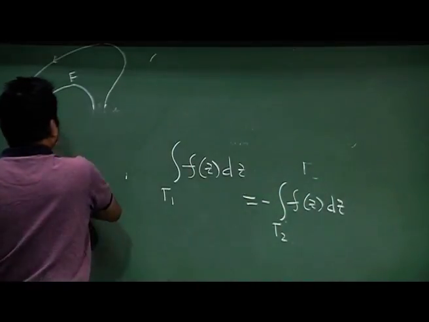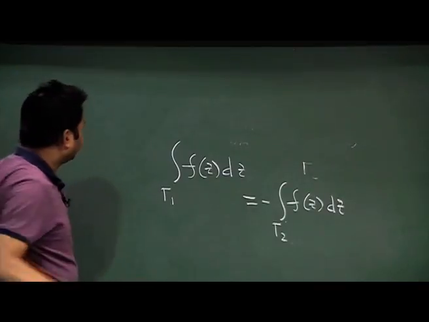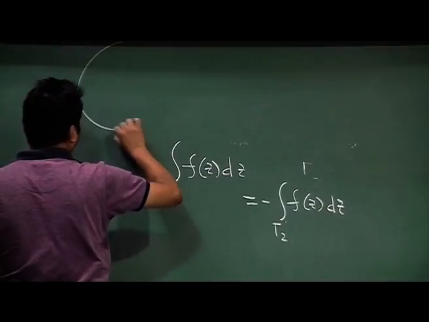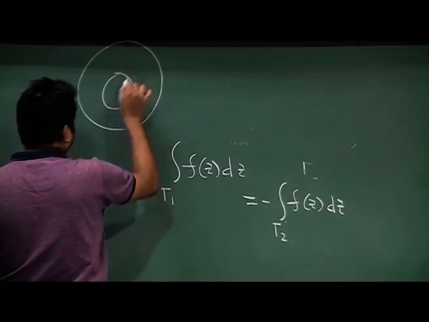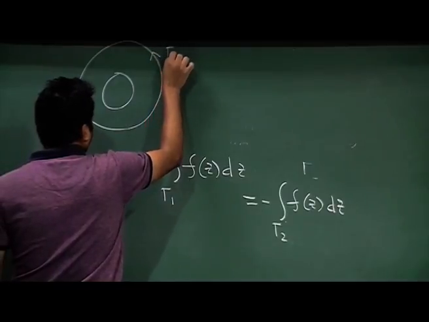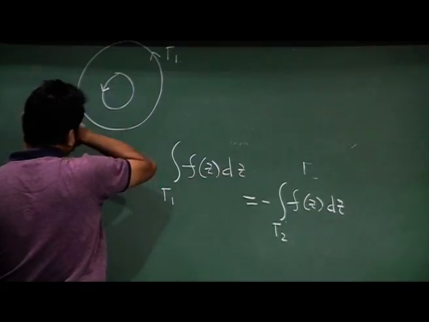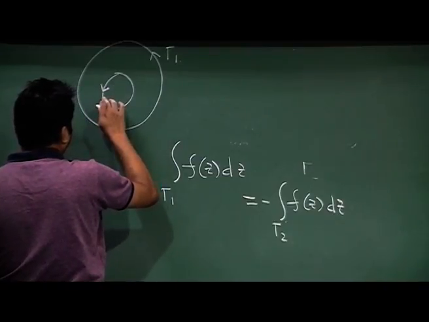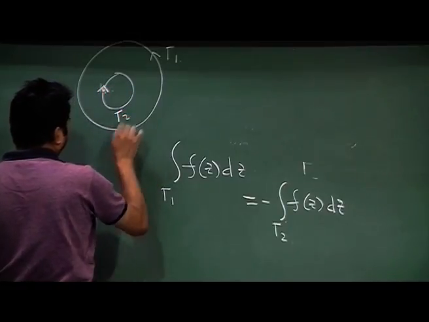So, let me draw that clearly, then you will understand what I am trying to say. This is my one region and this is my another region. This is gamma 1 in this direction, and this is gamma 2, another region.